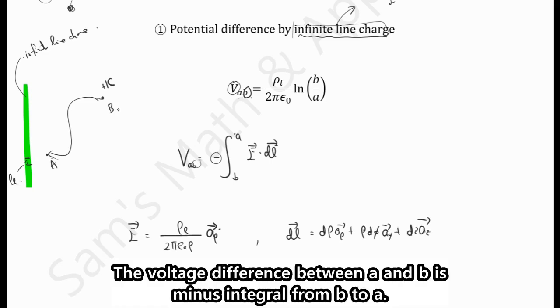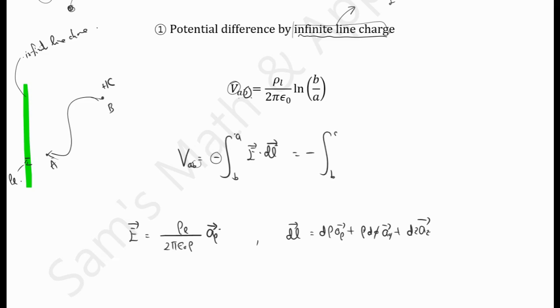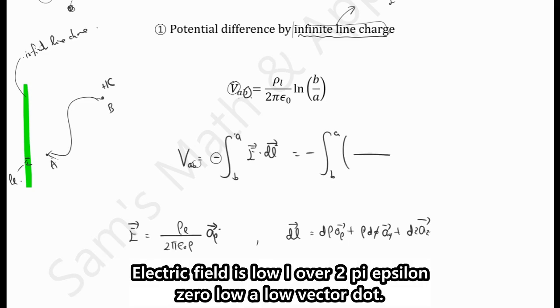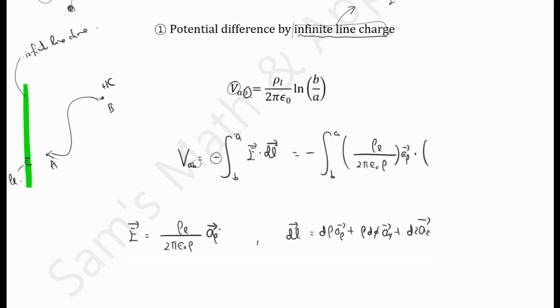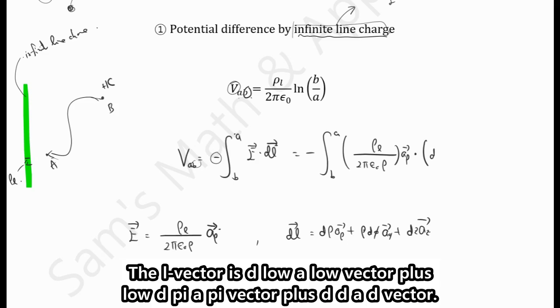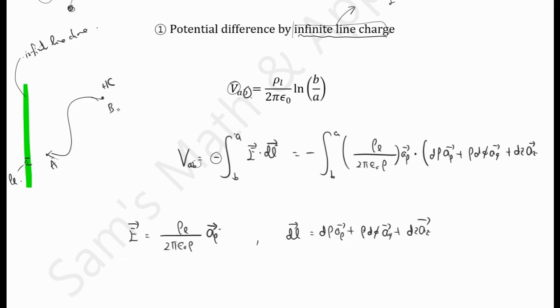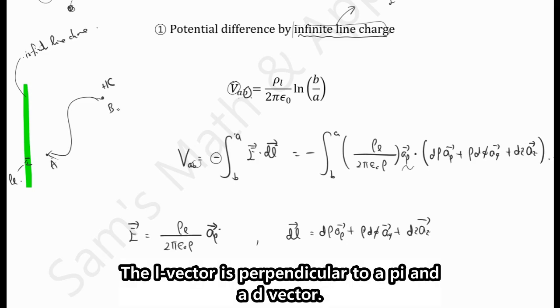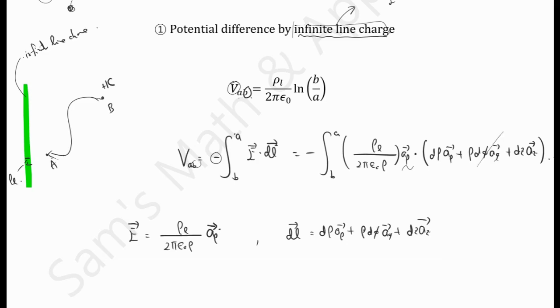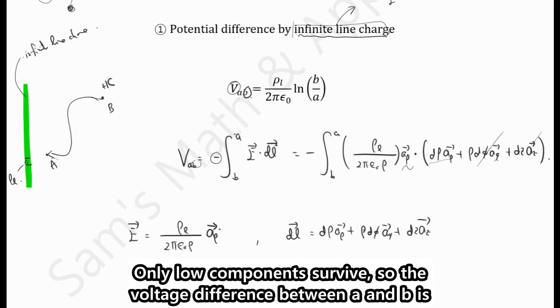The voltage difference between A and B is minus the integral from B to A of the electric field, rho L over 2 pi epsilon 0 rho a rho vector, dot dl vector, which is d rho a rho vector plus rho d phi a phi vector plus dz a z vector. The a rho vector is perpendicular to a phi and a z vectors, so only the rho components survive.